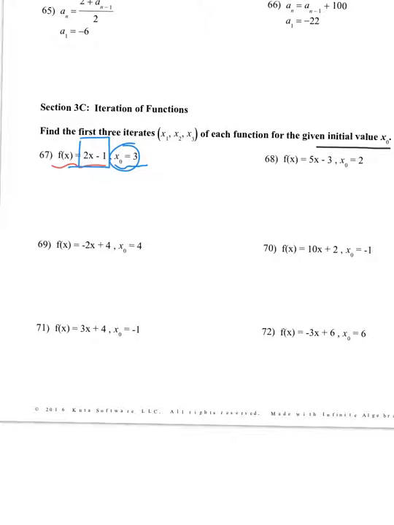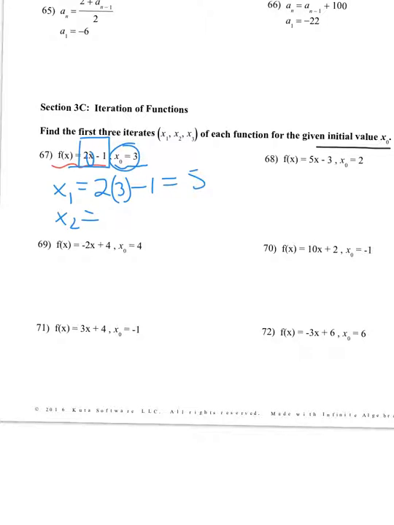So to find x1, I'm going to plug 3 in for x, so it's 2 times 3. Plugging it in right there, subtract 1. Well, that's 6 minus 1, which is 5. There's x1. Now to find x2, I plug in my previous one, so that's x1.